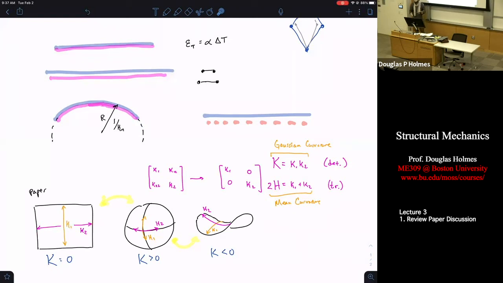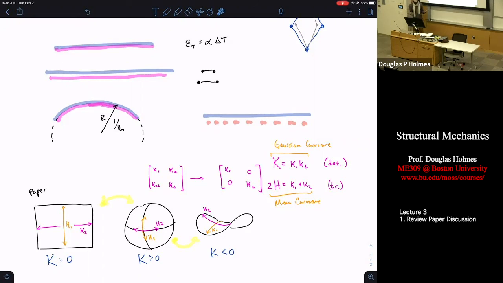When you differentially heat up that baking sheet, you're trying to get that baking sheet to curve into a sphere. It doesn't want to curve into a sphere. It's actually impossible for it to curve into a sphere. So what it does is it buckles. It finds a different way to deform.